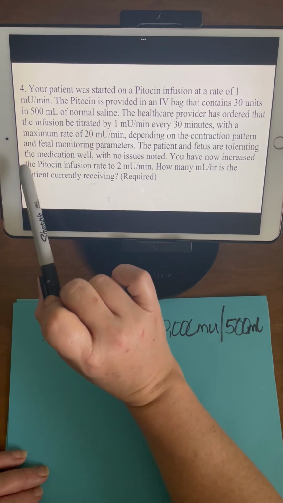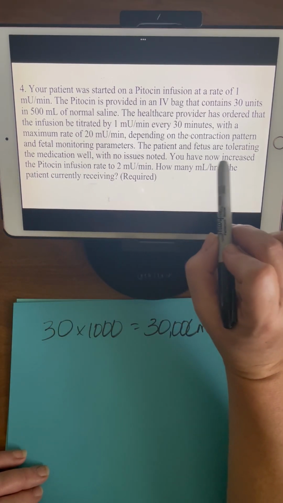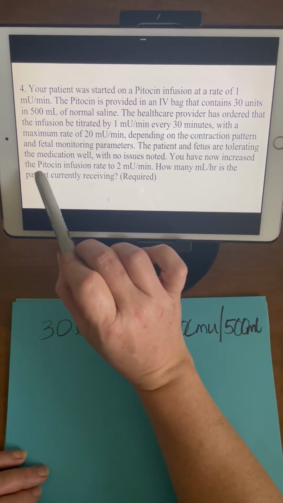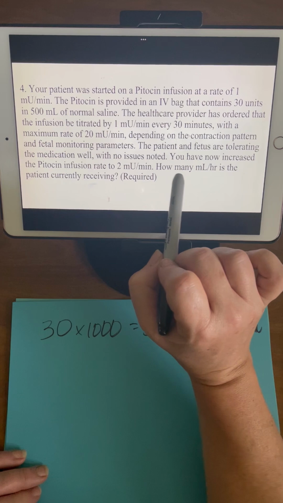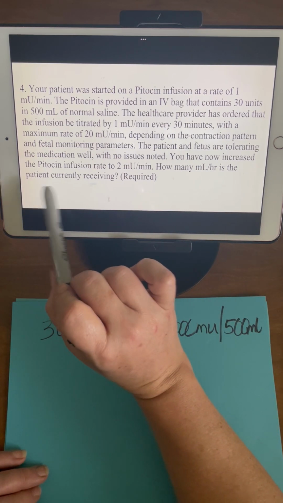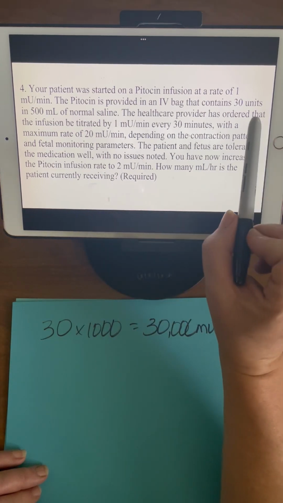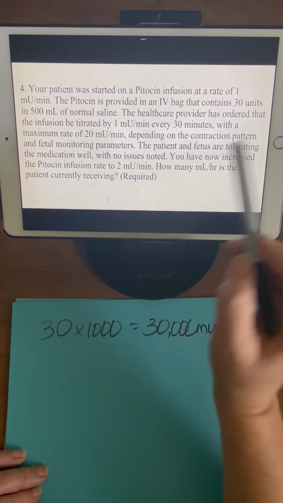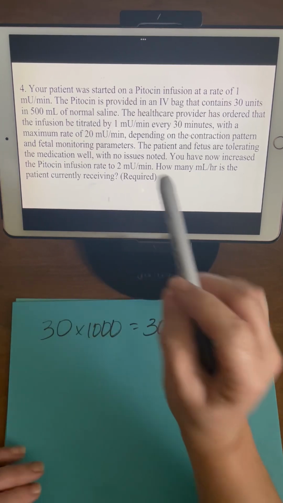Patient and fetus are tolerating the medication well with no issues noted. You have now increased the Pitocin to a rate of 2 milliunits per minute. How many milliliters an hour is the patient currently receiving? So look, the only thing you need out of this is this line right here. Pitocin at 2 milliunits per minute.